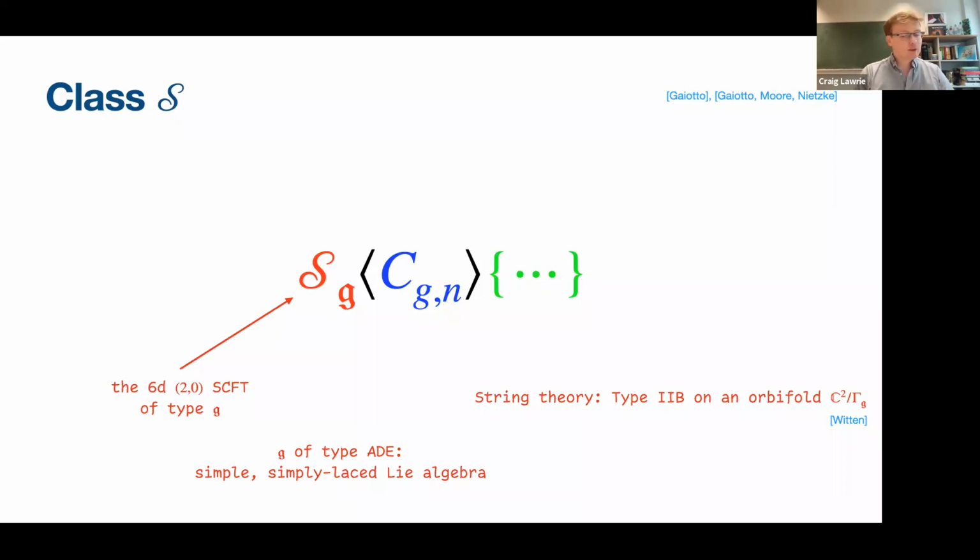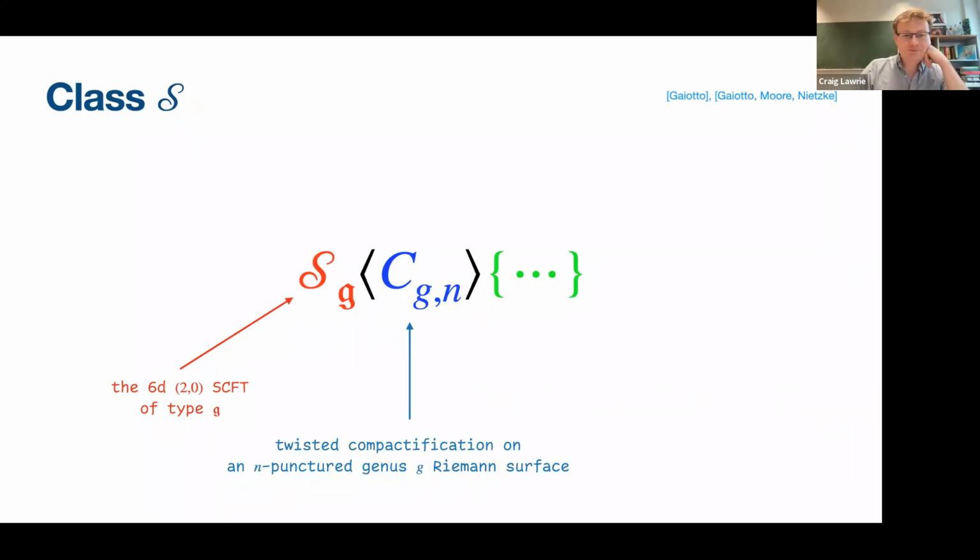These are 6-dimensional theories that you can engineer by compactifying type IIB string theory on an orbifold. These theories are ubiquitous, and they probably need no further introduction to this audience. Now there's this object C_{g,n}. So this is where you take the 6D (2,0) theory and perform a twisted compactification on an n-punctured genus g Riemann surface.